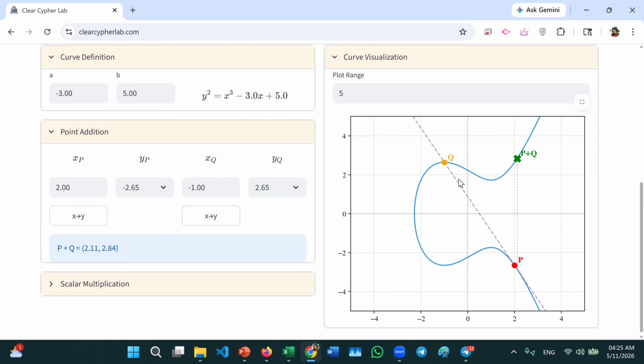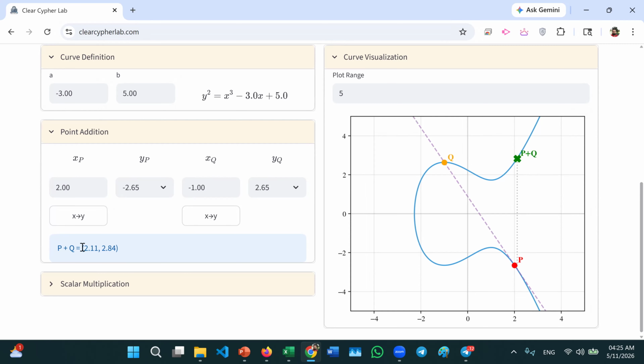Okay, and now we see that in the website, again, we draw a line that is passing through P and Q, and then here, this is the intersection between the line and the curve, and then the reflection of this point over the x-axis is finally the P plus Q point.